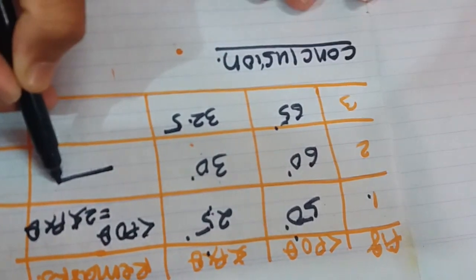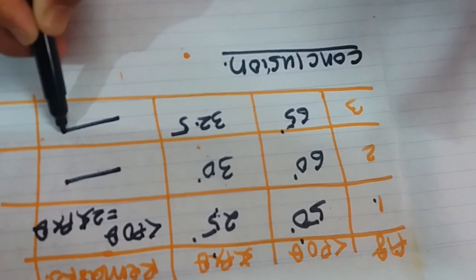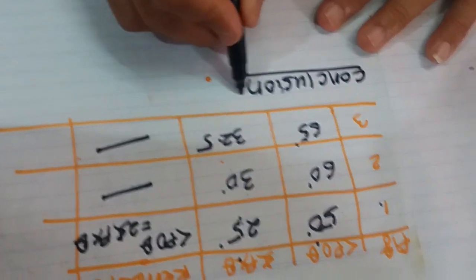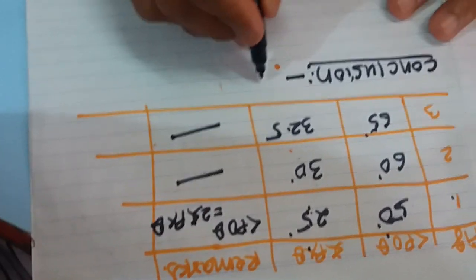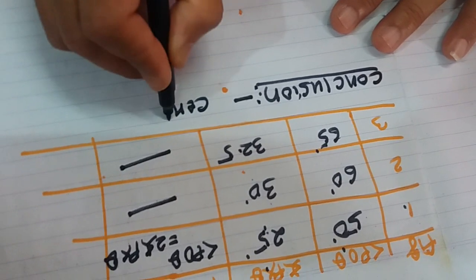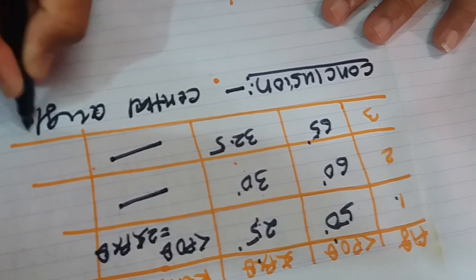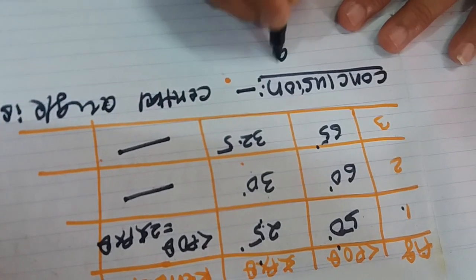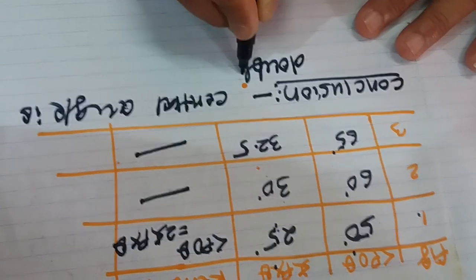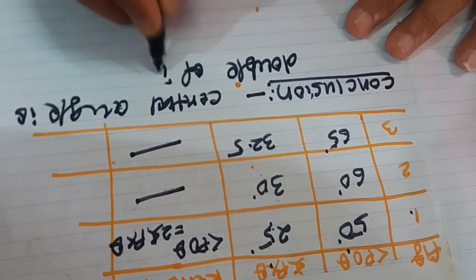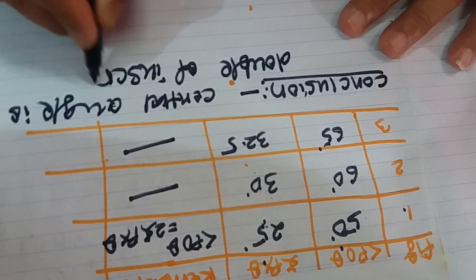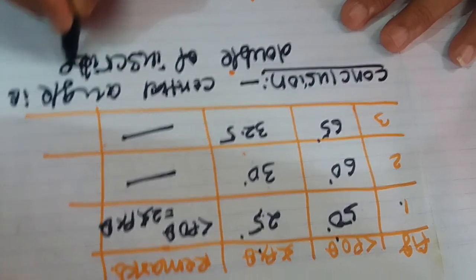The same thing in the second and third figures. So lastly we write the conclusion. Therefore the central angle is double the inscribed angle.